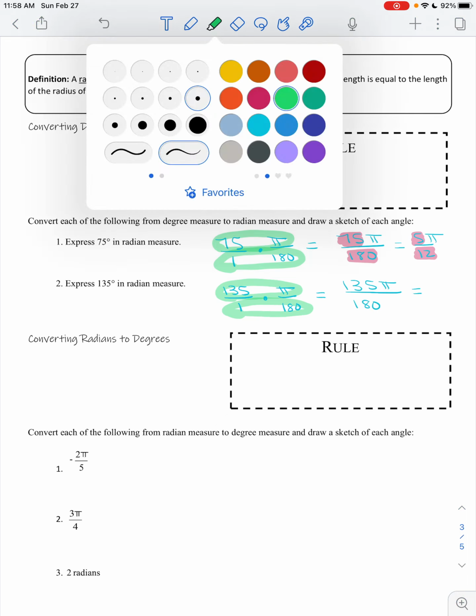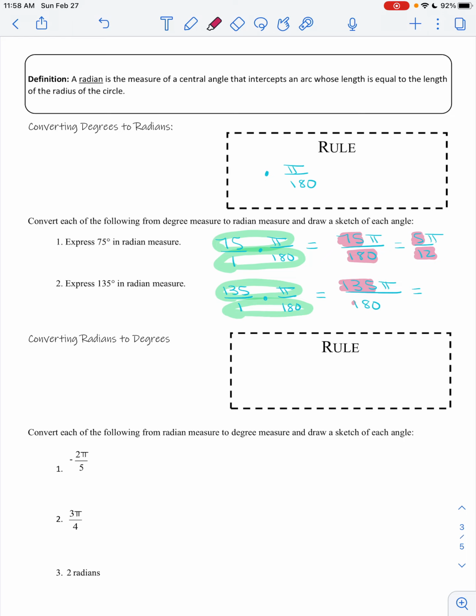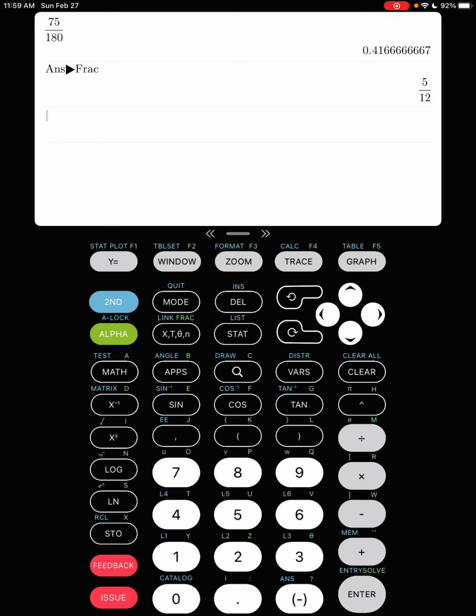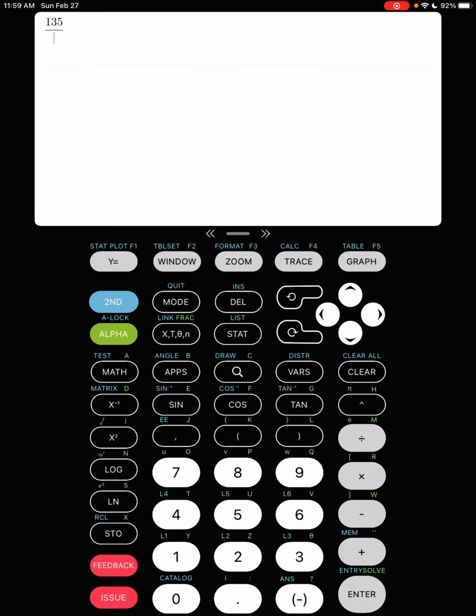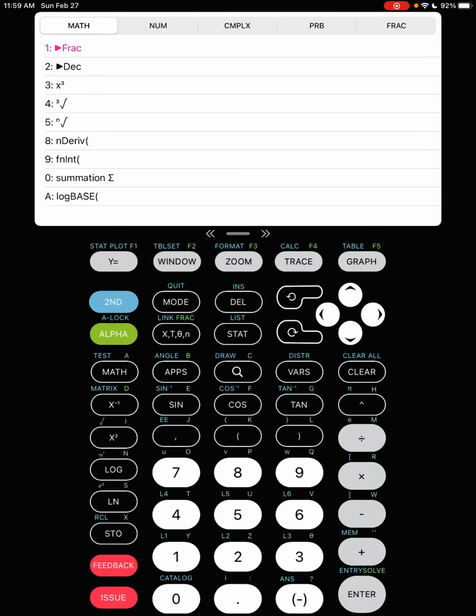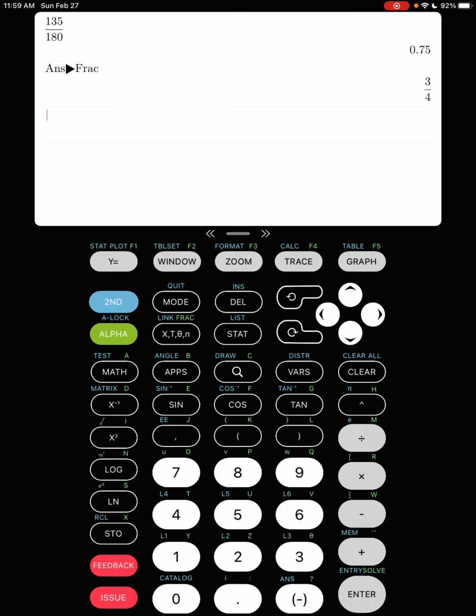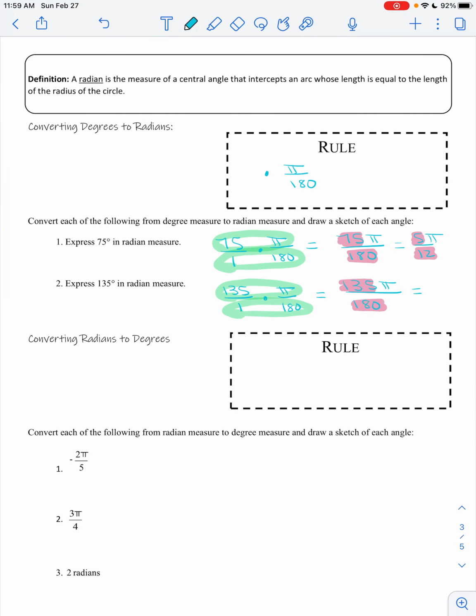Again, if I wanted to reduce, I could go to my calculator and type 135 divided by 180, and your calculator should just give you the fraction. This calculator, I have to push math, enter, enter just to make it happen. So it's 3/4. So my answer is going to be 3/4 pi. And again, the calculator was giving me the 3/4.